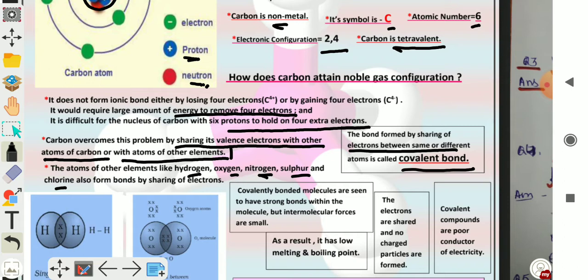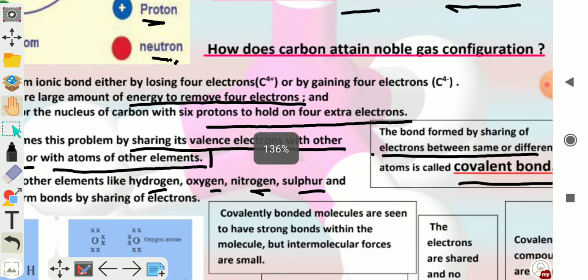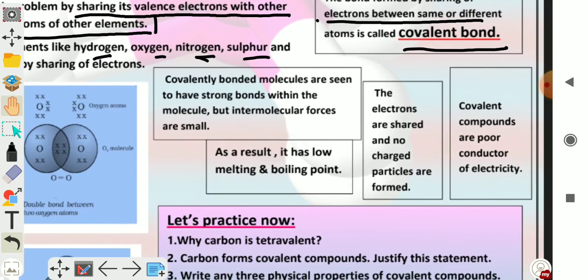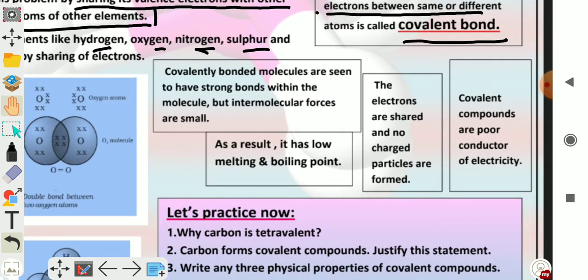Covalent bonded molecules have strong bonds within the molecule, but intermolecular forces are small. That is why they have low melting and boiling points. So covalent compounds have low melting and low boiling points.